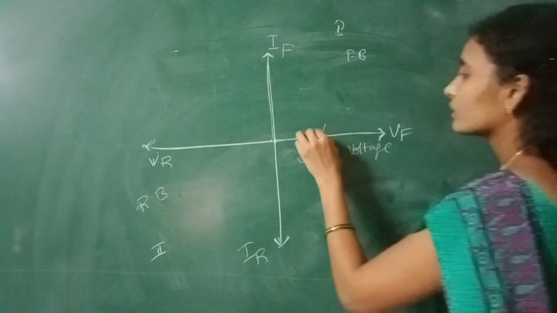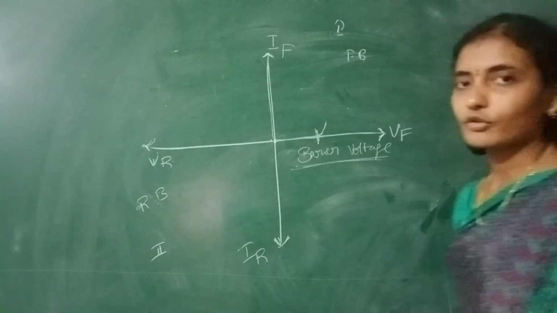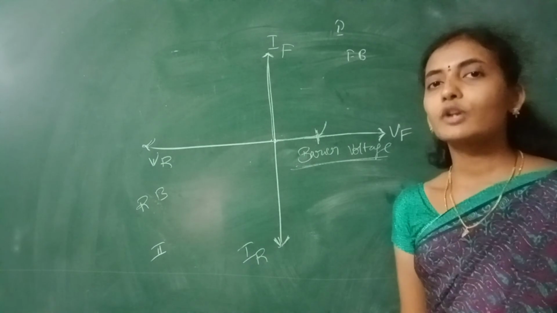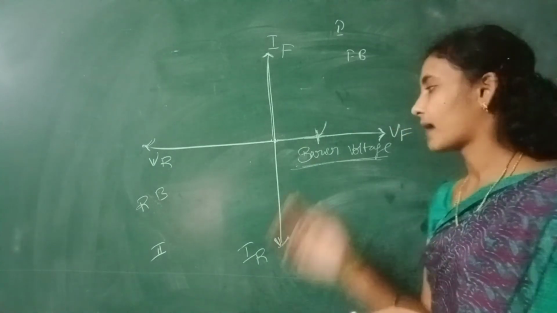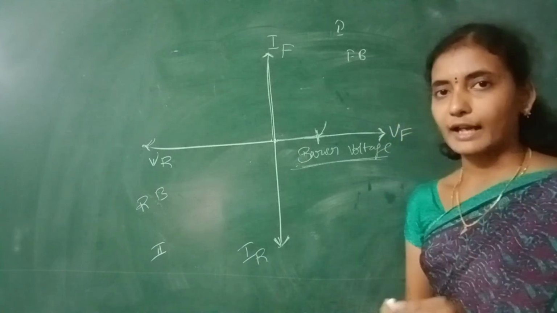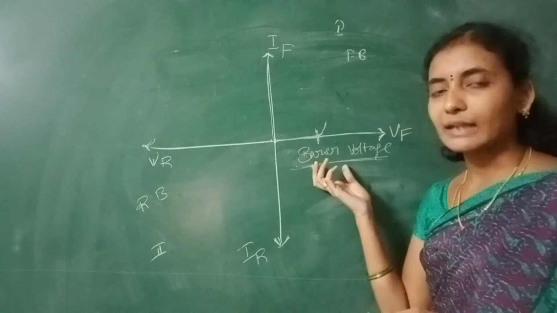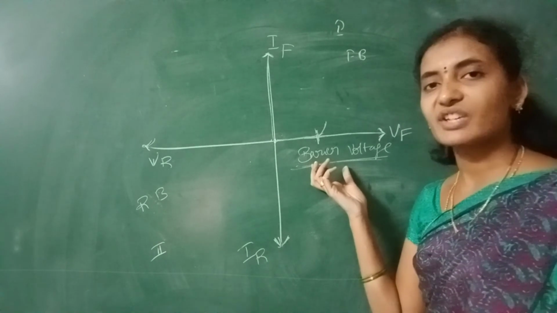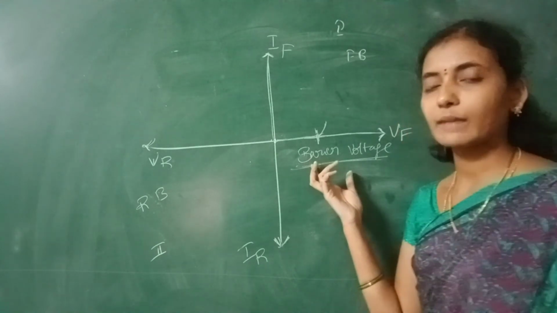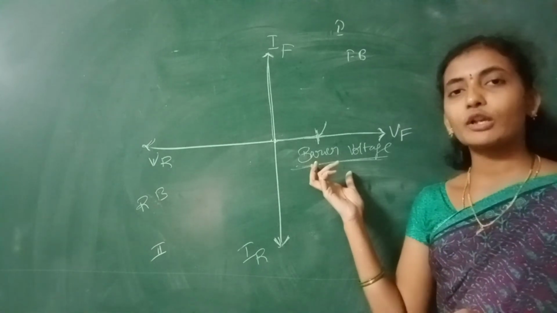The barrier voltage is nothing but the minimum voltage for the diode to produce current. The barrier voltage completely depends upon the PN junction diode material.